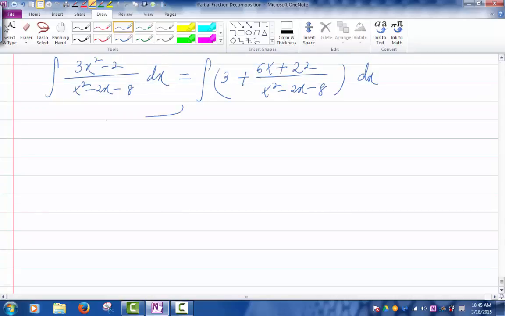And then what we are going to do is we're going to say, well, now I did partial fraction decomposition. Let me write one more line here, since this is the only problem that I can finish, I guess. We factor that out as x minus 4 times x plus 2.